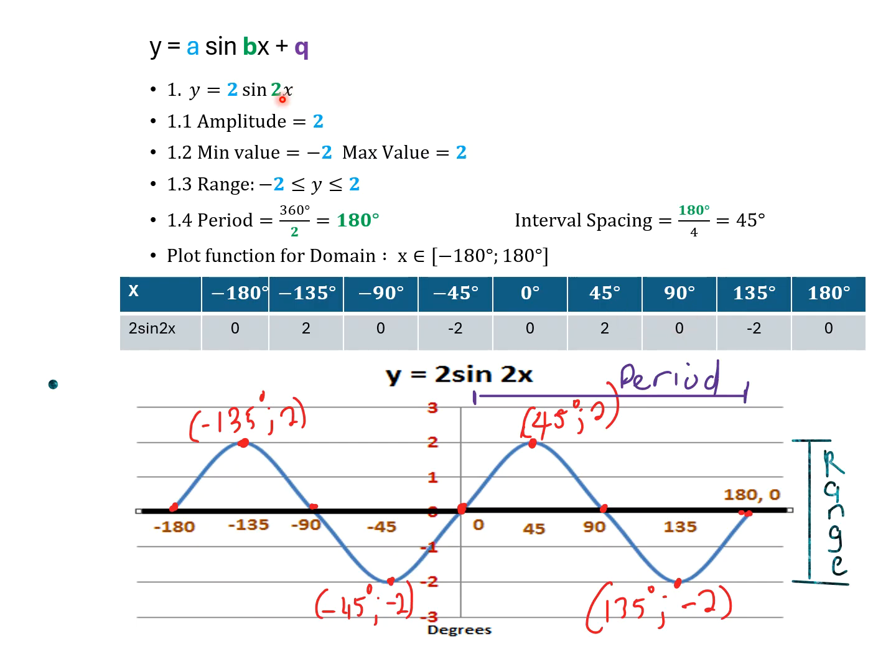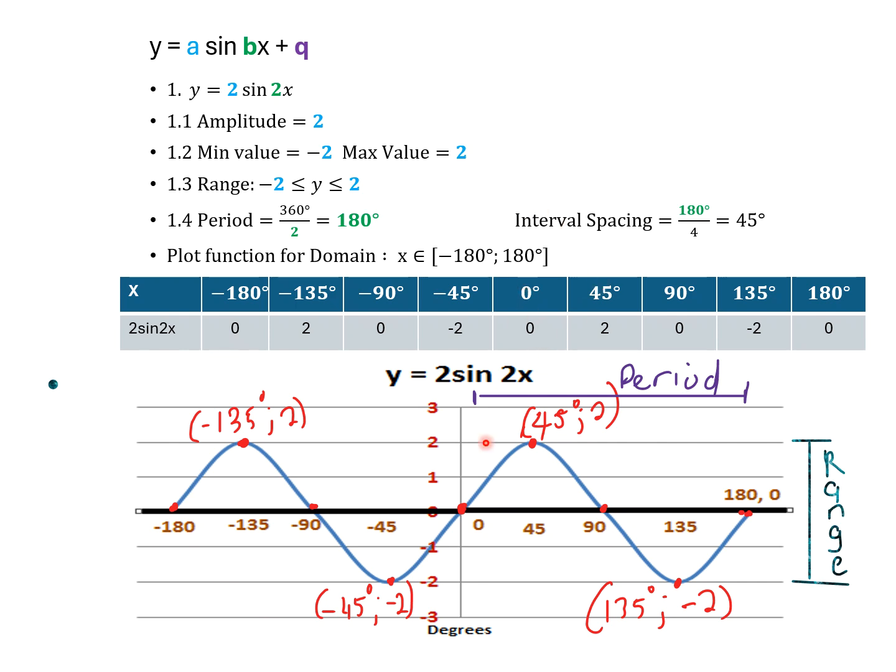Sin of 2 times 135 gives me the sin of 270, which is minus 1, times 2, which gives me negative 2. Then I have sin of 2 times 180, which gives me sin 360, which is 0, and 0 times 2 is 0. The same applies if we do it with the negative angles. You can do this using the table function on the Casio calculator.